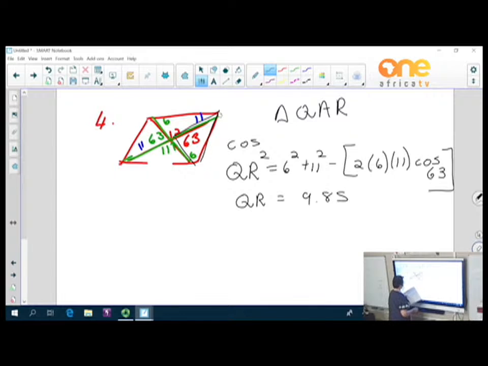Then we have to calculate PQ, which is now this one. This is the one that we want to calculate. So this time we will use now this angle here of 117 degrees. Two sides and the included angle, and then I can calculate the third one.